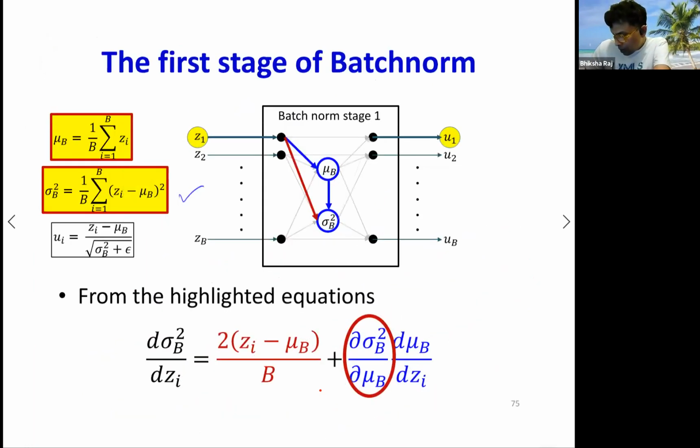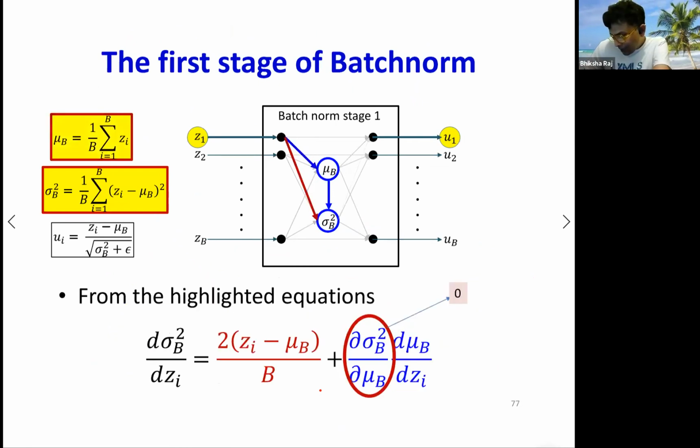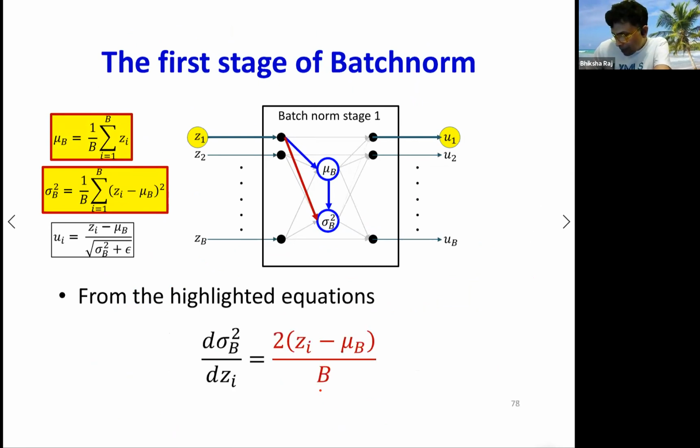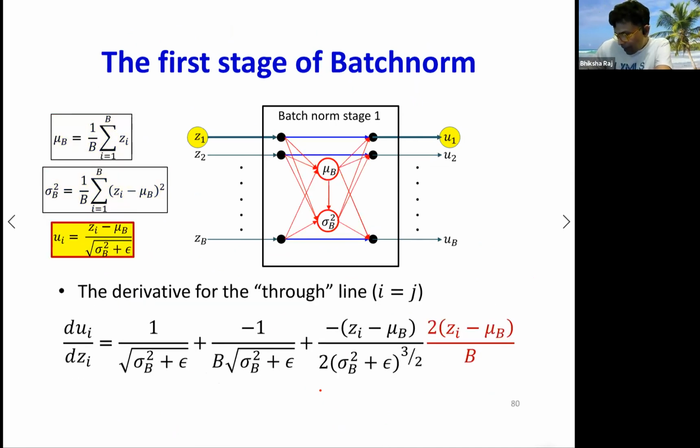And so you're going to get this term here, which tells you that the derivative of sigma squared with respect to mu is 0. Consequently, this term is 0, which means I don't even need to know what this guy is. And so that is the derivative of sigma squared with respect to Zi. Let me plug that in here.